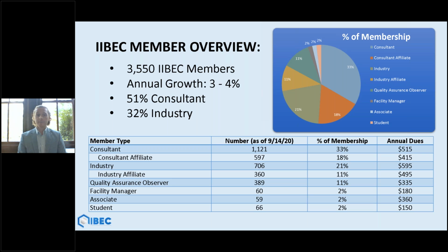This oftentimes is focused on contractors, manufacturing individuals, folks that are product sales reps. Those individuals fall under the industry membership category. Our consultant members are engineers, architects, building enclosure consultants, folks that work for design firms or other consulting focused professional groups.